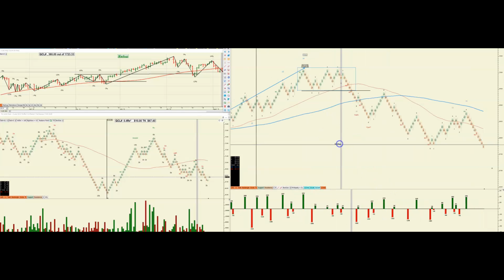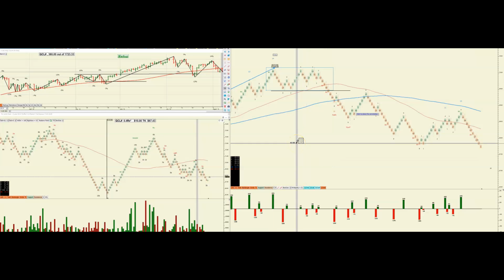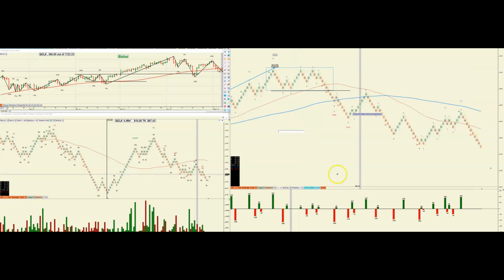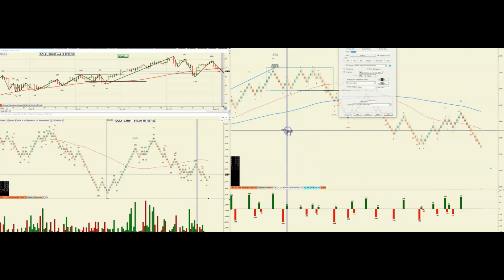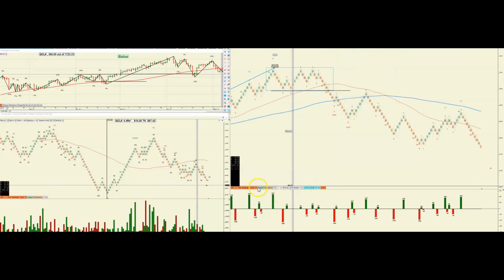Alright, so the second point I want to mention is the key behaviors you must know as a Wyckoff trader. From a behavior perspective, I'll just talk it out.